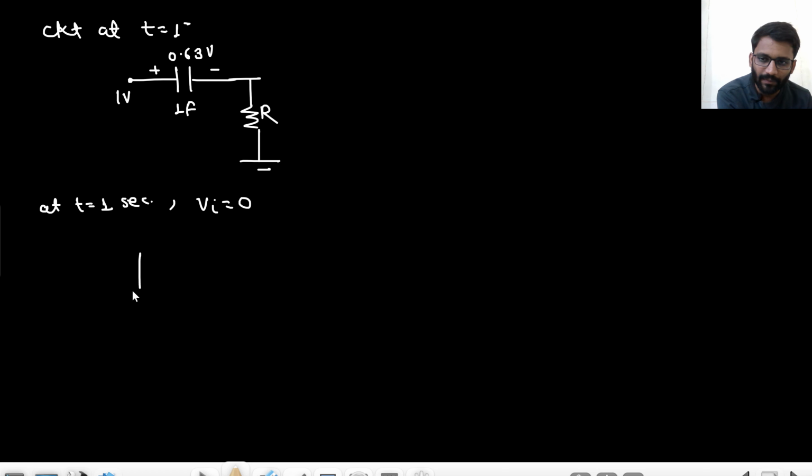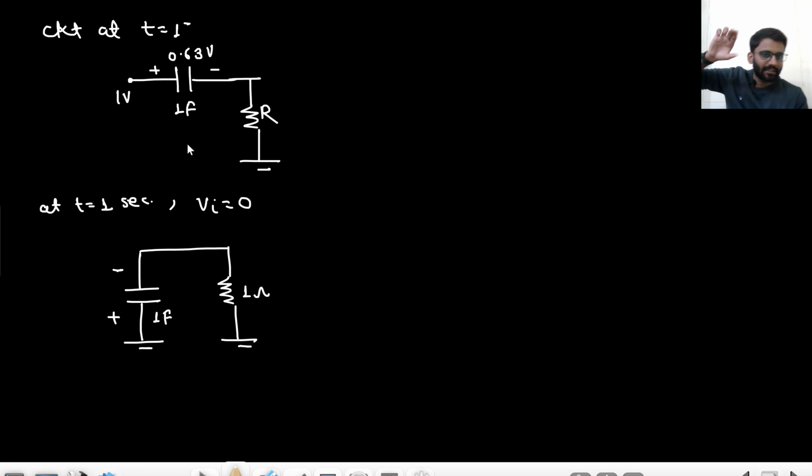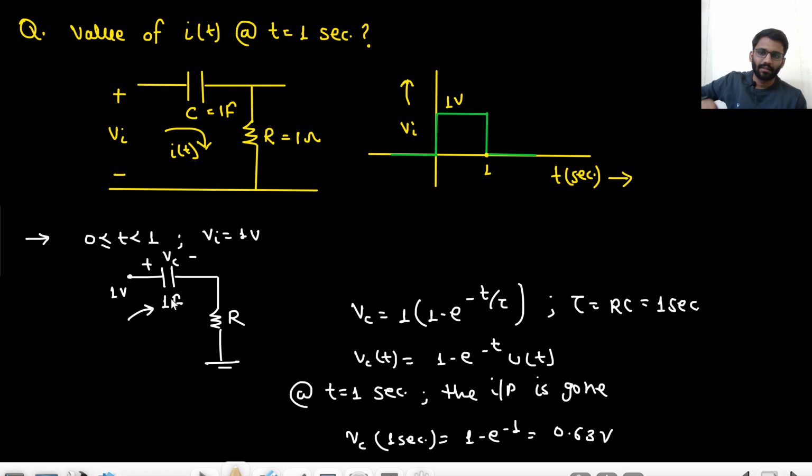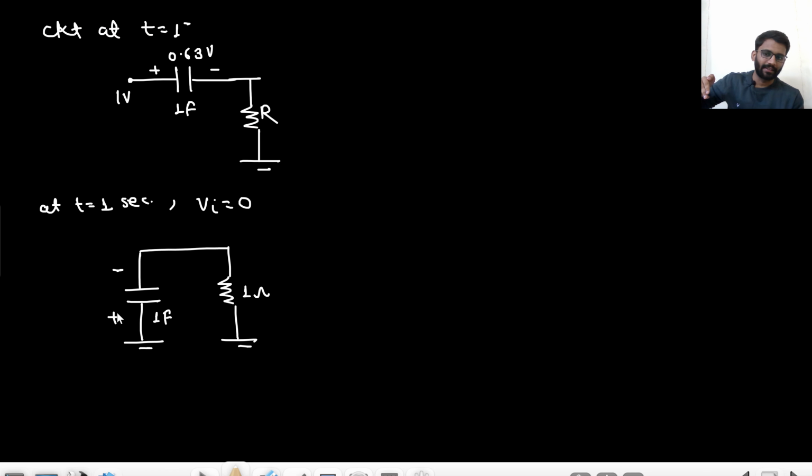So now this side of the capacitor has gone to 0, so this will be grounded. Now this is 1 farad and this is 1 ohm. The capacitor is already charged, and the positive side of the capacitor voltage is grounded. The capacitor is charged in this direction, and this positive side is grounded, so I will write like this. And this is 0.63 volt.